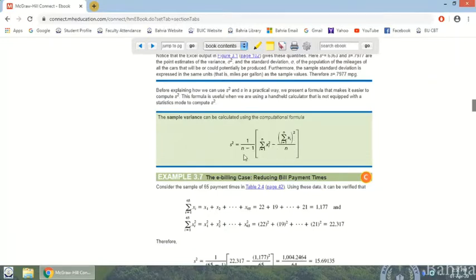Now you take 1 over n minus 1 outside, but if it was mu in this case, let's suppose the population mean, and then the population standard deviation, so it will be sigma squared, then we will be having this summation x squared over n minus summation x over n whole square, because then this n would be shifted inside, and then you can just divide the numerator by the denominator and then take the square root of the entire value.